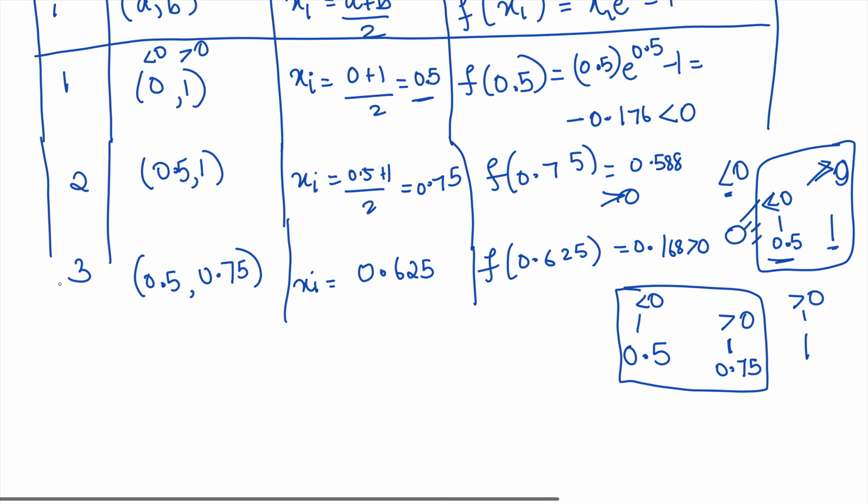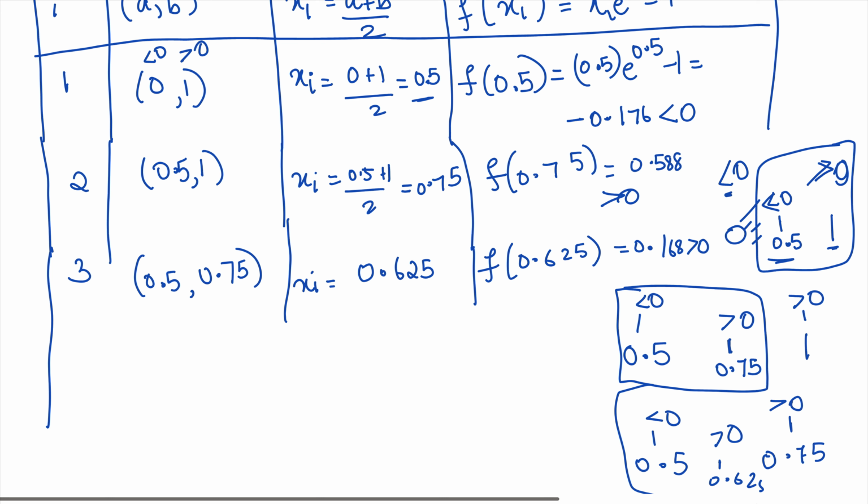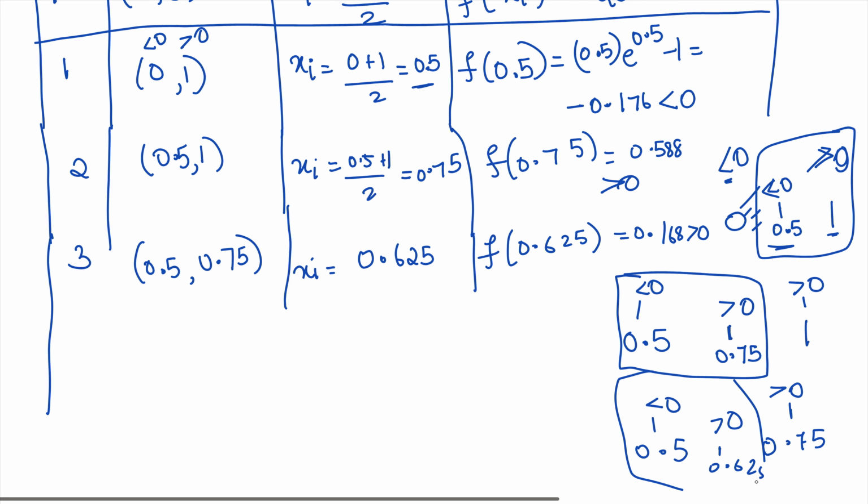So now same way, now we have 0.5, it gives us less than 0. Next, what do we have? 0.75, it is giving us greater than 0, and the middle number 0.625, this is also giving us greater than 0. So we would take this interval because we need one which is less than 0 and the other one which is greater than 0, right?